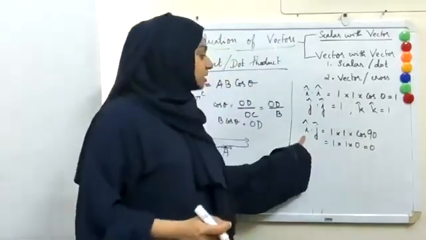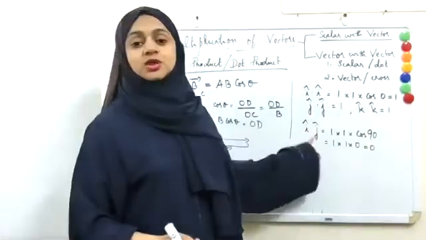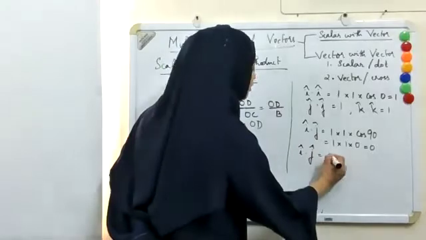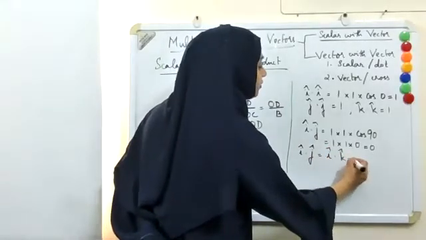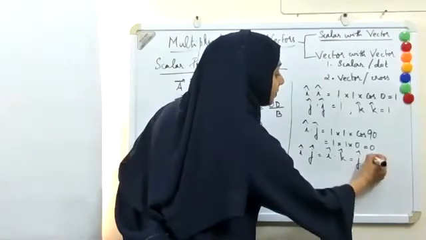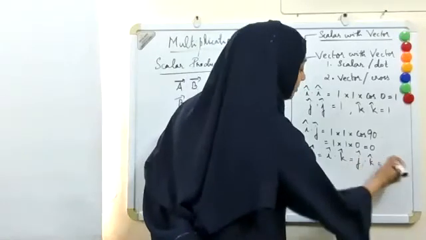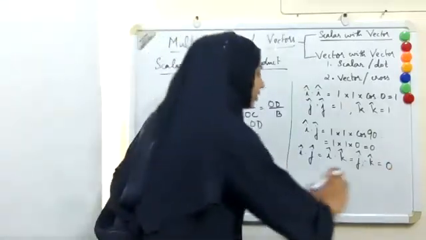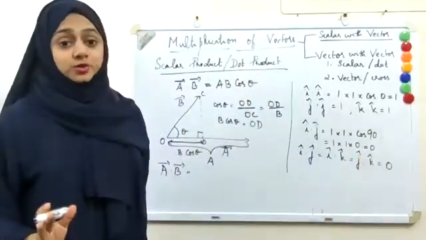So if you are taking the dot product with any other unit vector for I, it will be 0. If you take I dot J, it will be equal to I dot K, it will be equal to J dot K, because they are all perpendicular to each other. All of these quantities are equal to 0.